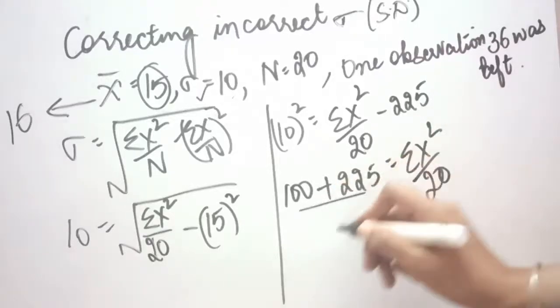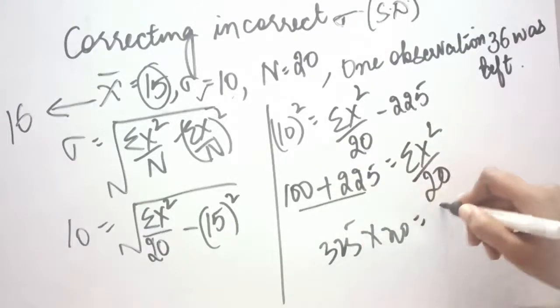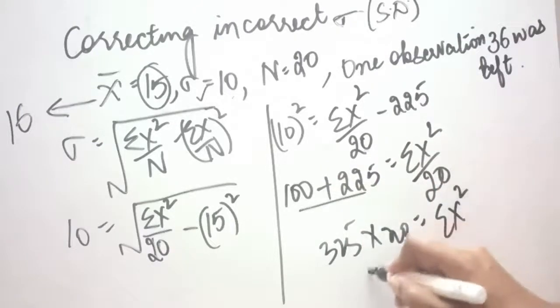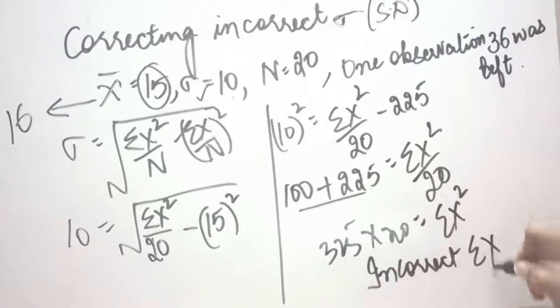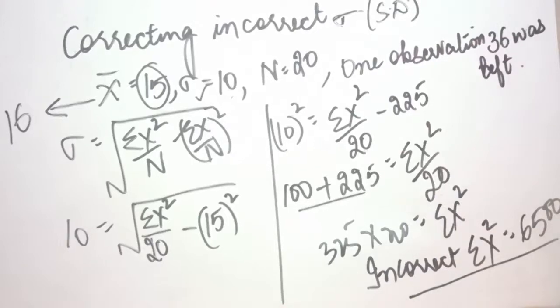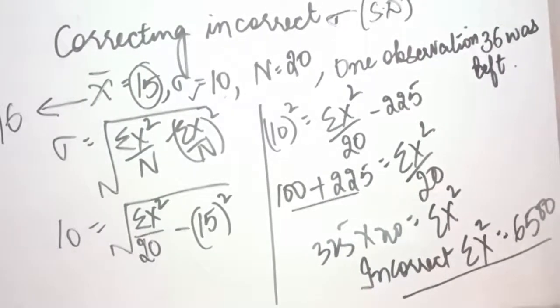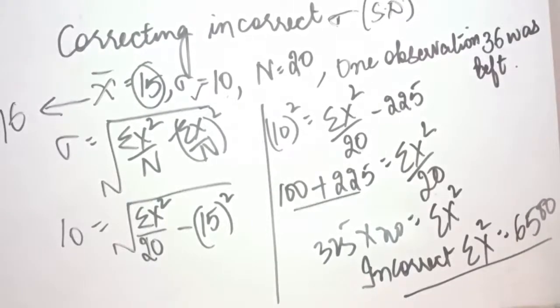So this will be 325 multiplied by 20 equals our sigma x square. This incorrect sigma x square comes out to be 325 into 20, which is 6500. Why incorrect? Because we have put all the values incorrectly. Now to create the correct sigma x square, we have to deduct the incorrect value and add the correct value.